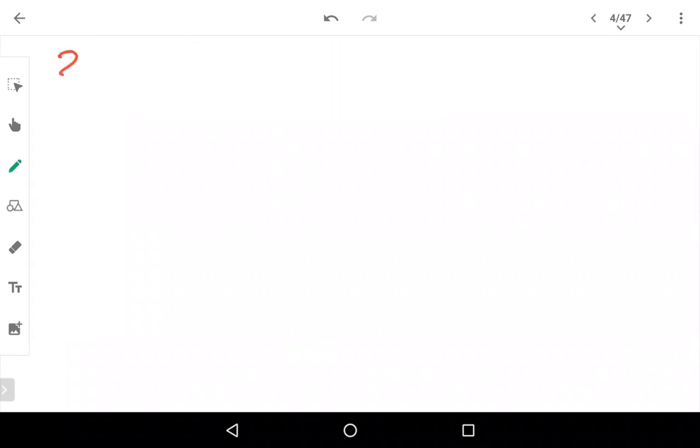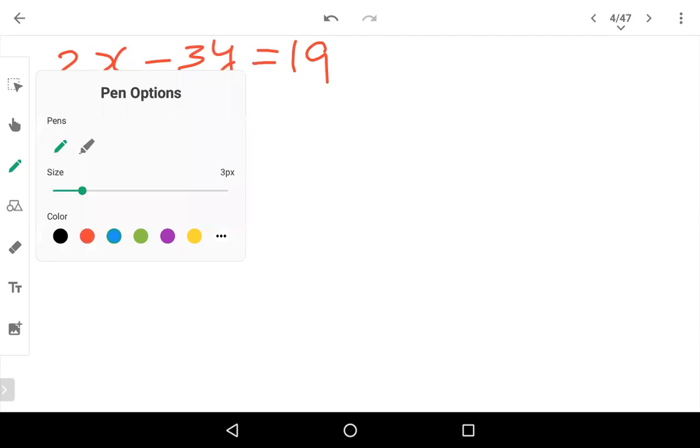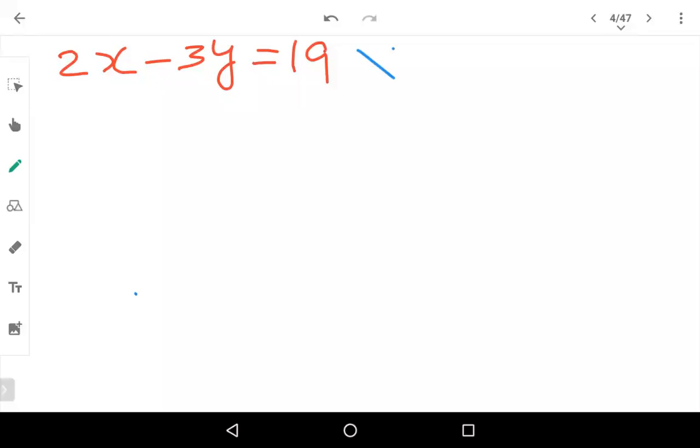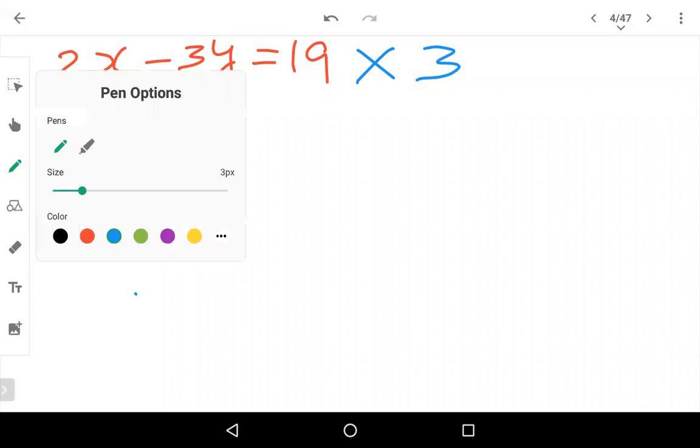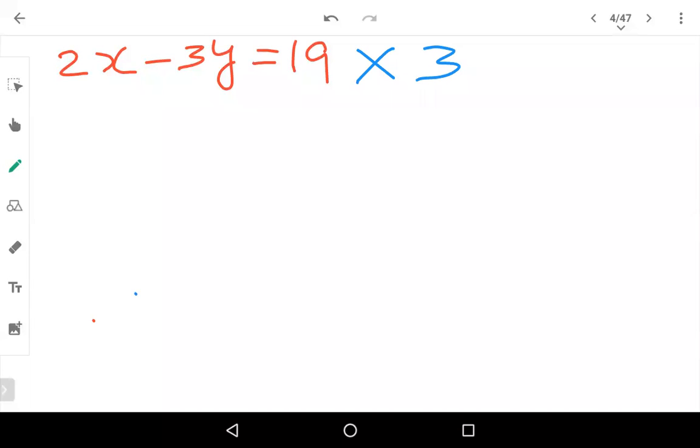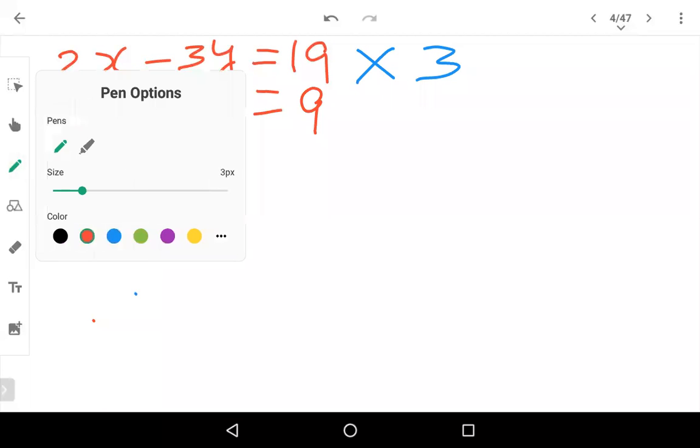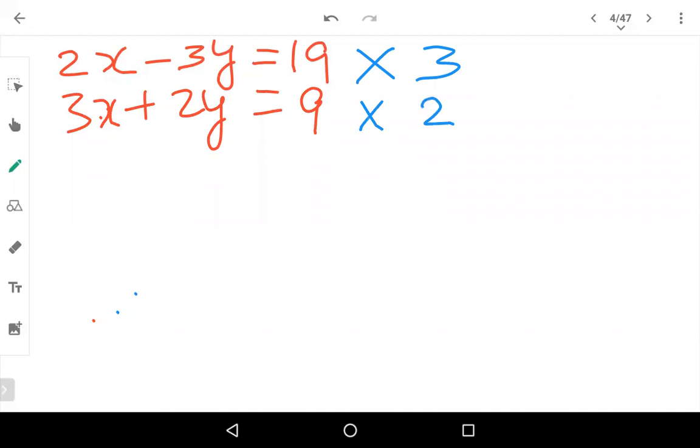So 2x minus 3y is equal to 19. This will be multiplied with 3. And what is the next equation? 3x plus 2y is equal to 9 will be multiplied with 2.